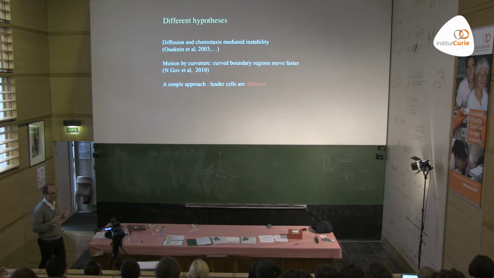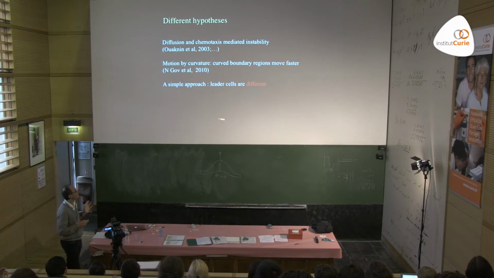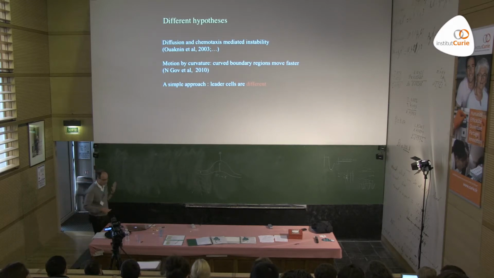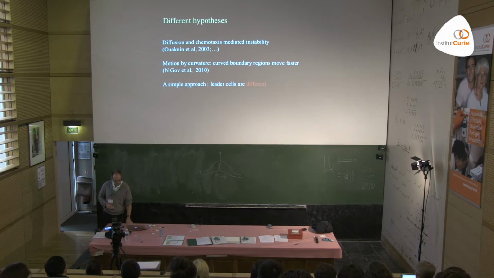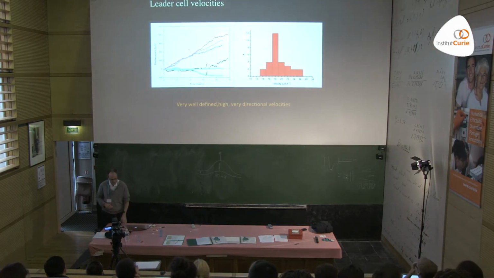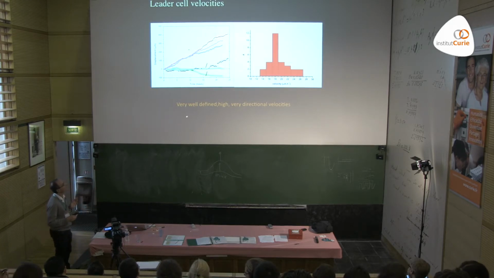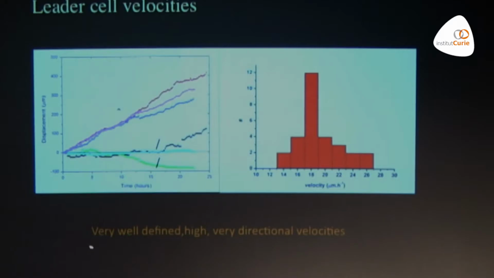But what we try to address is a different problem. Given that you have created this leader cell, what can it drive in the rest of the assembly? These leader cells have a different phenotype than the other cells. They are very directional, so they move in straight lines. Here it's the displacement, say, parallel and perpendicular.